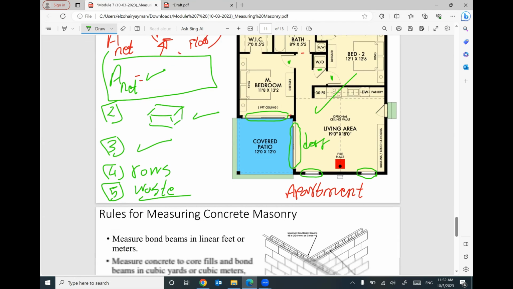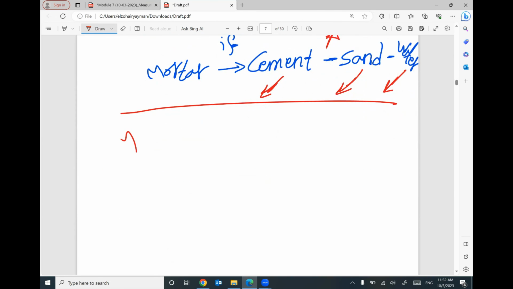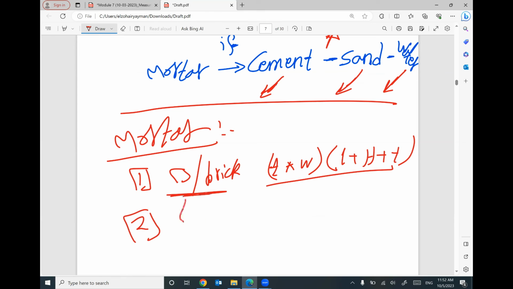Even for the mortar, if you would like to figure out the quantity of mortar, I will not use this plan anymore, because the first step is how much mortar per brick equals T times W times L plus H plus T. I don't need the plan. Step number 2, I have to multiply this amount by the number of bricks.